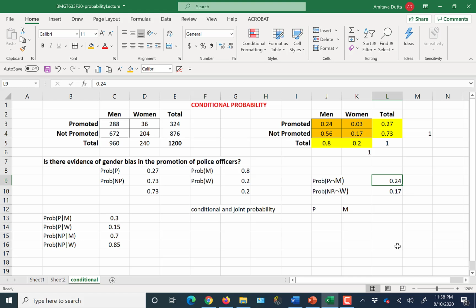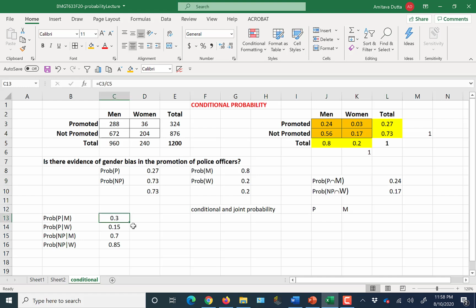Now when you come to conditional probability, the probability of being promoted given that it's a male, as soon as I tell you that it's given a male, then out of those two events, one event has occurred for sure. You know the gender of the officer, it's male. And as soon as I tell you that the officer is male, your denominator no longer is 1200, it's 960.